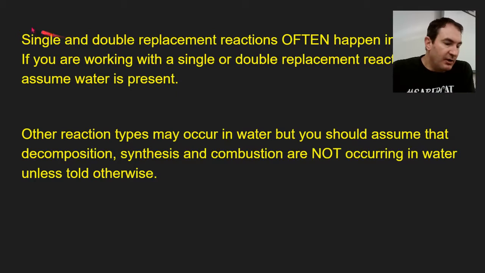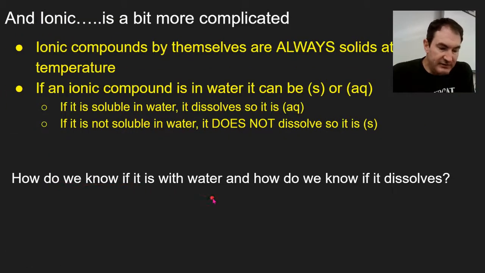Back to my question: how do we know if it's with water, and how do we know if it dissolves? Maybe there's a description of the reaction that says aqueous copper(II) sulfate is combined with aqueous potassium chloride and it forms whatever. It might tell you that, but what if it doesn't? How do we know? Just by looking at the formula.